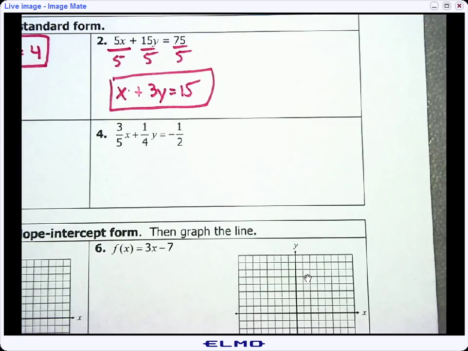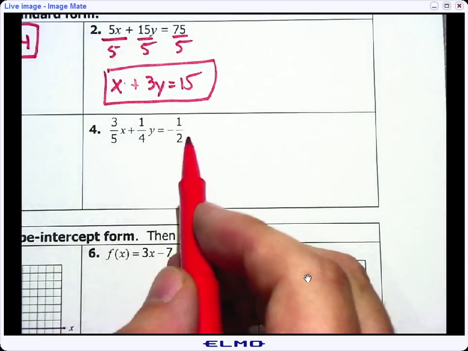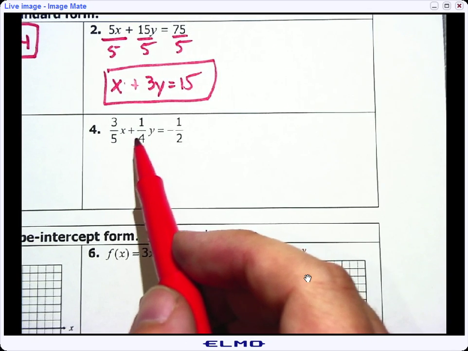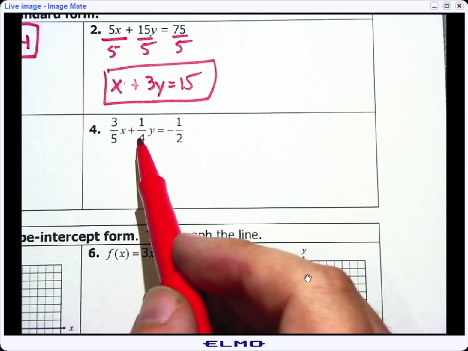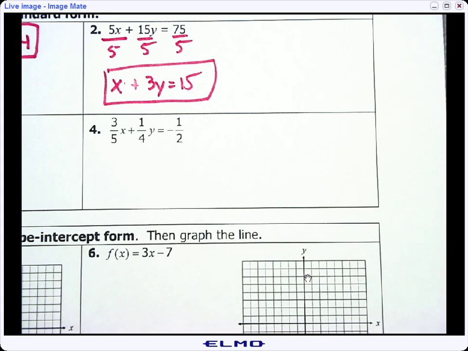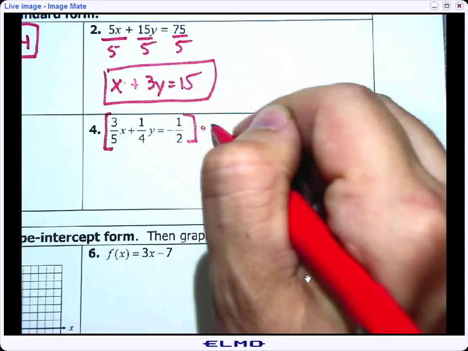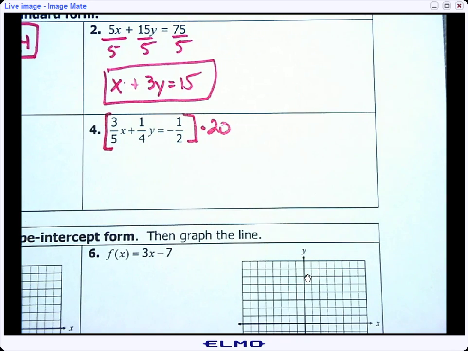With number 4, everything's in the right spot. X, Y, constant. The issue is these are not whole numbers. So we take a look at the denominators, 5, 4, 2. Our job is to figure out what is a number that 5, 4, and 2 will divide into, and that number is 20. So we're going to take the whole equation and multiply everything by 20.